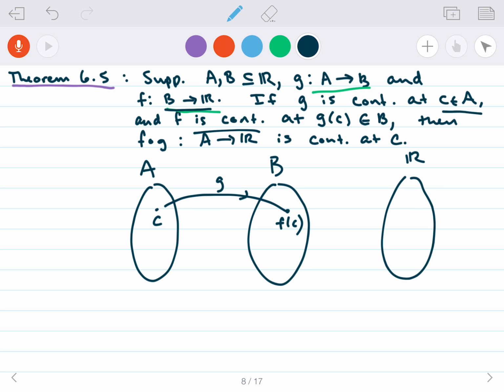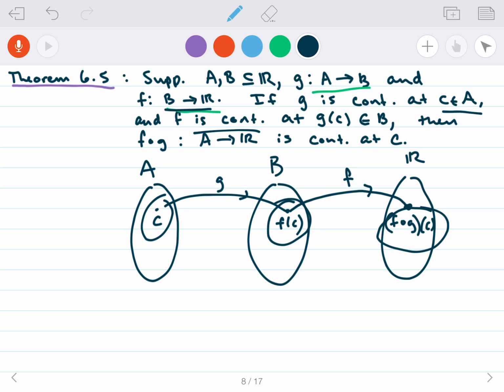Well, f goes from B to R, so we can apply f to g of c, and this is going to be the composition, f composed with g of c. So it's just saying, if g is continuous at c, and f is continuous at g of c, then the composition f composed with g is going to be continuous at c as well.